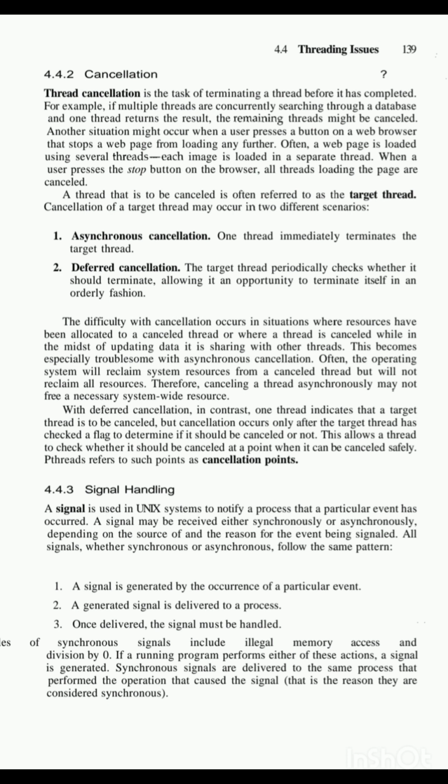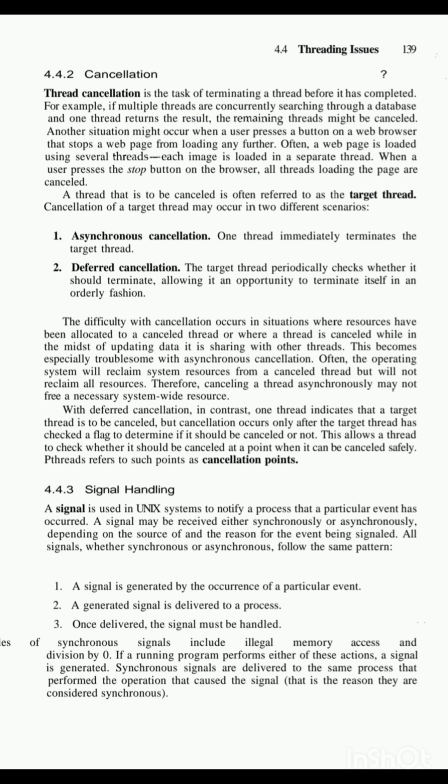Number three, once delivered, the signal must be handled. Examples of synchronous signals include illegal memory access and division by zero. If a running program performs either of these actions, a signal is generated. Synchronous signals are delivered to the same process that performed the operation that caused the signal. That is the reason they are considered synchronous.